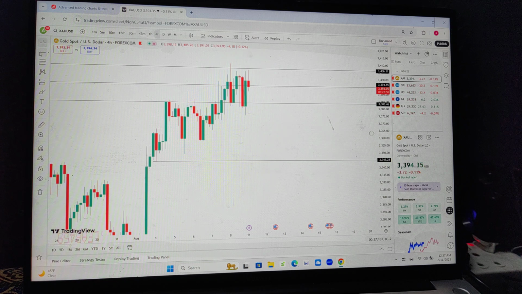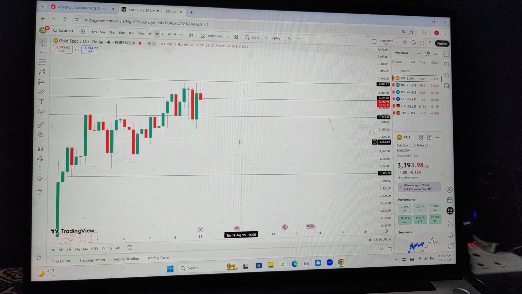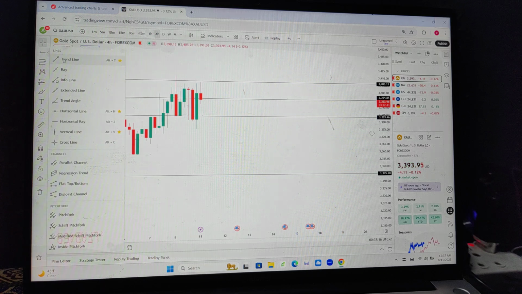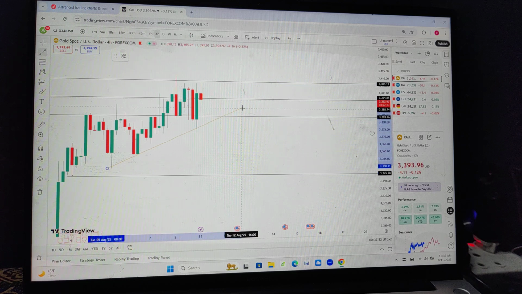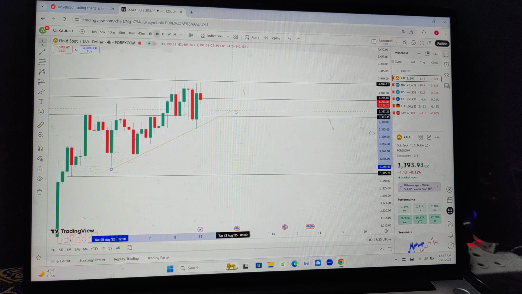As we can see here as well, according to people's strategy, there's trend line liquidity here. So this confirms a strong bearish move for the week. This really confirms strong bearish momentum for the week.